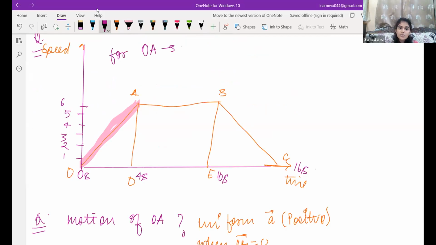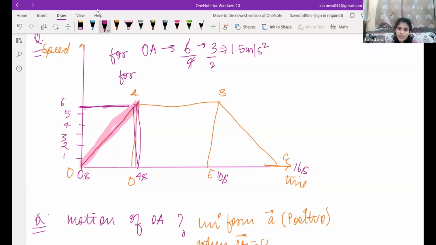So what is the y-axis for OA? 6. What is the x-axis? 4 seconds. Right? So you get 1.5 meter per second square.